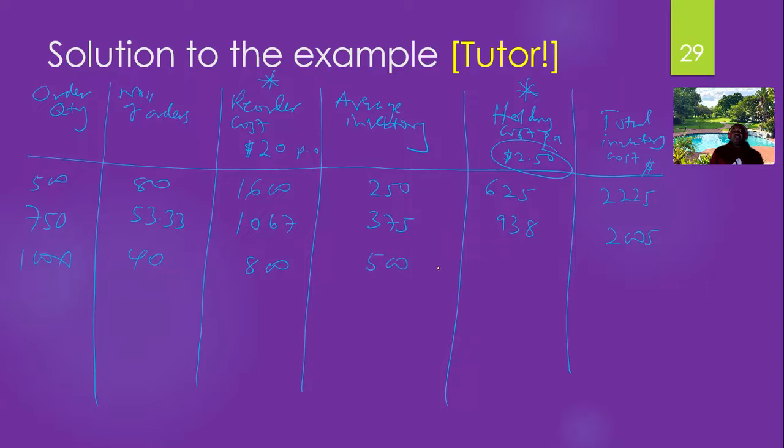And the holding cost per unit, that's 500 multiplied by 2.50, and let me try my calculator. That's 1250. And the total inventory cost, that's reorder cost plus holding cost per annum, that's 800 plus 1250, that's 2050.